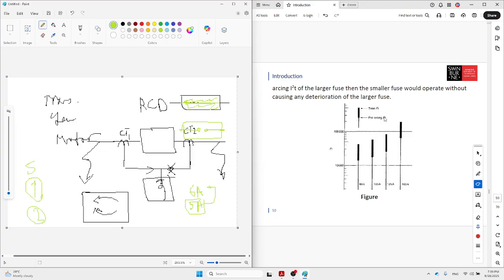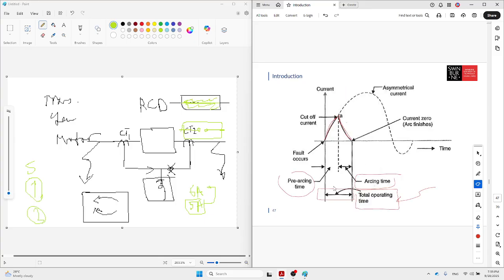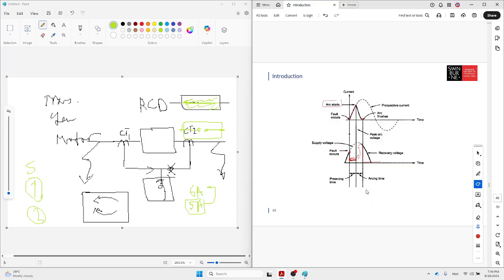It means from this point pre-arcing happens, and by this point the total operation is done. Pre-arcing happens, and then the total operating time.